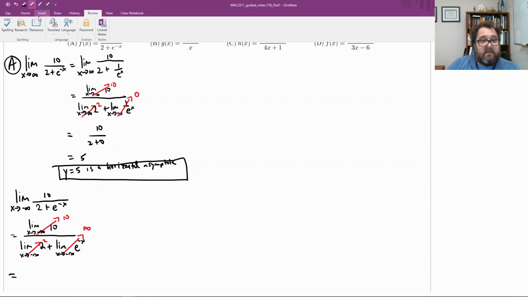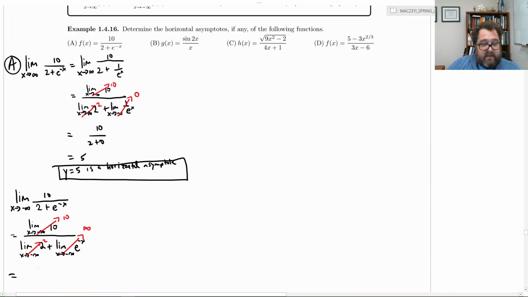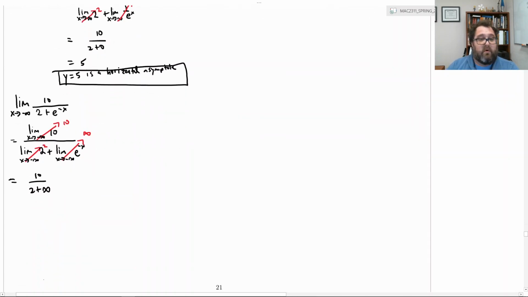So what I get is 10 over 2 plus infinity. Of course, I know that 2 plus infinity is going off to infinity for sure. And then 10 over infinity gives me 0.